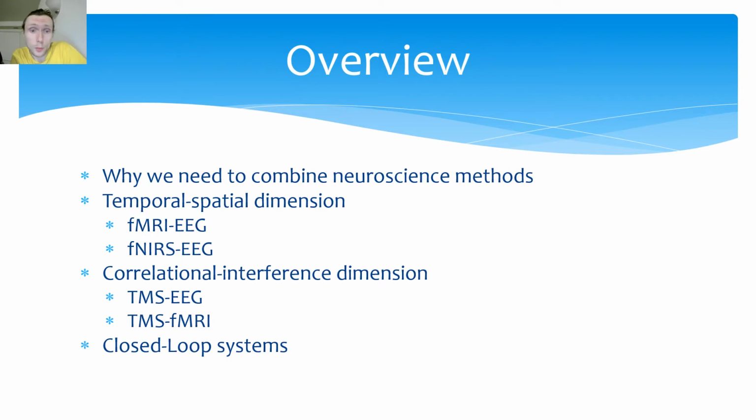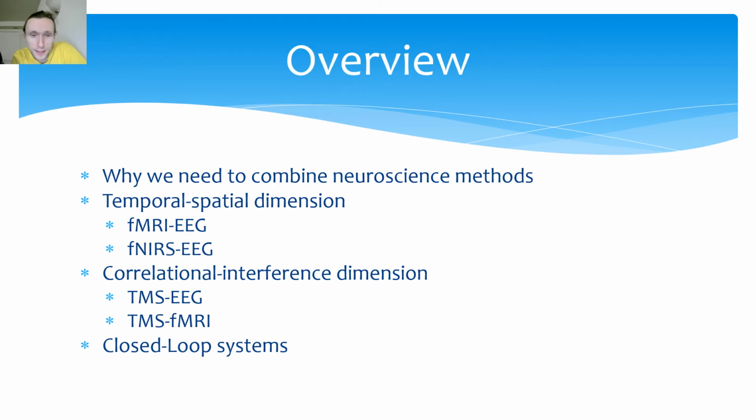First, I will be talking about fMRI and EEG, then about fNIRS and EEG, TMS and EEG, and finally about TMS and fMRI. And then at the end, I quickly want to talk a little bit about closed loop systems, which is a relatively novel technology that I think is really cool. And I say that because I'm working with that.